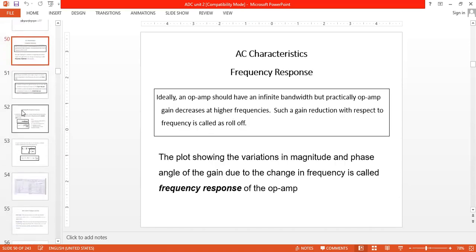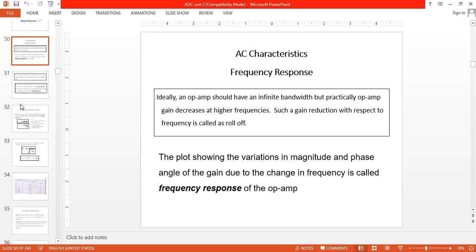Next, some AC characteristics of the op-amp. When we give a DC power supply, current or voltage, different things happen. Similarly, in AC characteristics we have frequency. That means if we give a low frequency or a high frequency, the characteristics of the op-amp will change. We are going to discuss this concept.